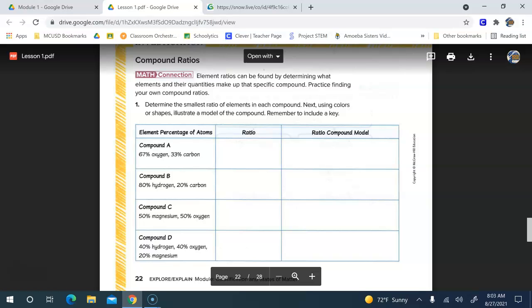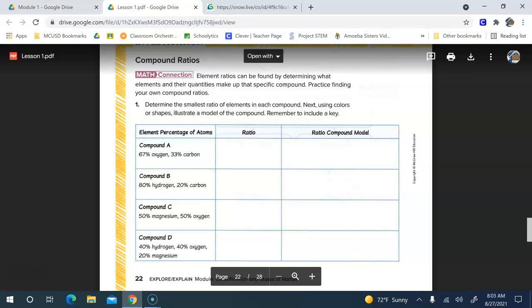So on compound A, if something is 67% oxygen and 33% carbon, we're actually going to go with 66% oxygen and 33% carbon. So this is one way to write a ratio.